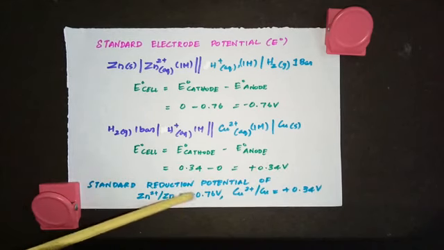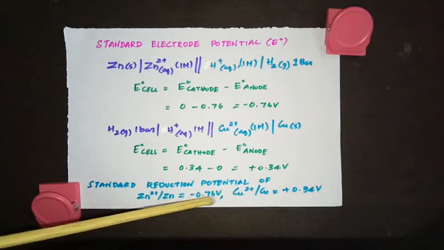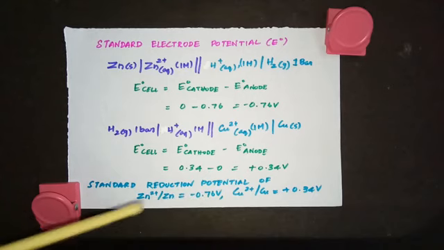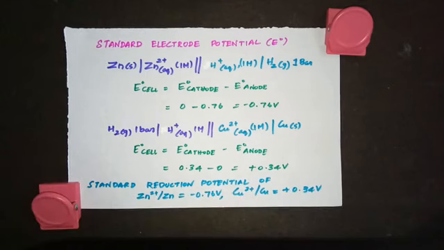So how do we represent reduction potential? See, Zn2+ slash Zn. So this is the reduction potential of zinc, which is given the value minus 0.76 volt, and Cu2+ slash Cu, which is the reduction potential of copper. But remember, when we take zinc and copper, which means the Daniell cell or voltaic cell, zinc is undergoing oxidation and copper ions are undergoing reduction.